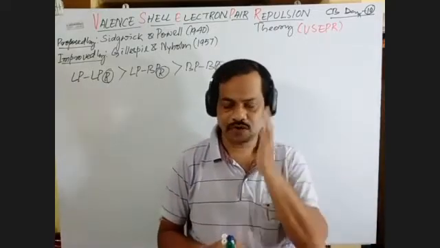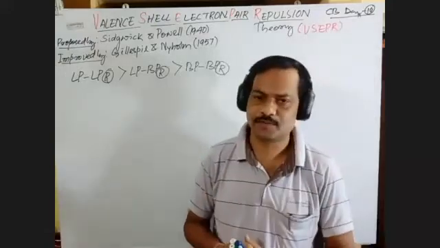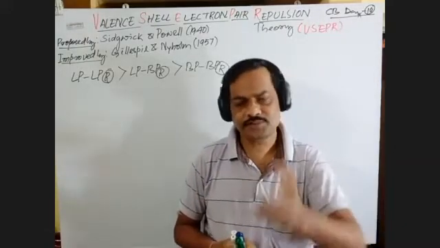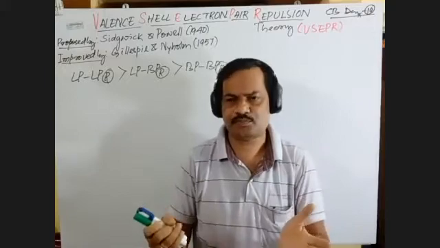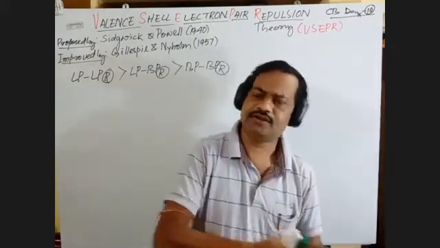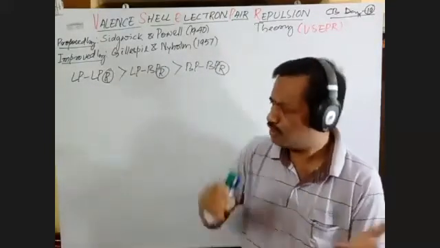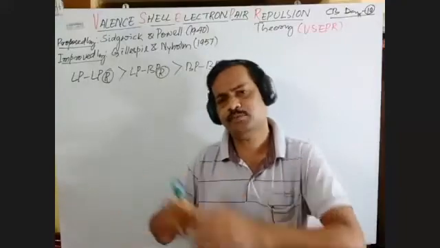So a lone pair present on the central atom gives a different shape because of repulsion. A lone pair can repel a lone pair because both are electrons, and a lone pair can repel a bonded pair.